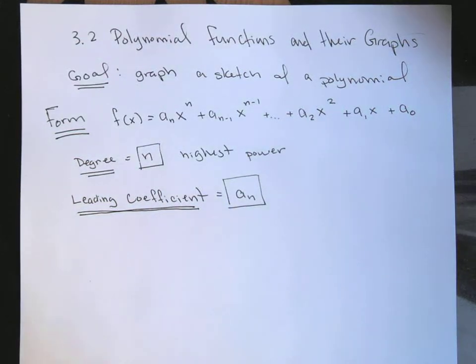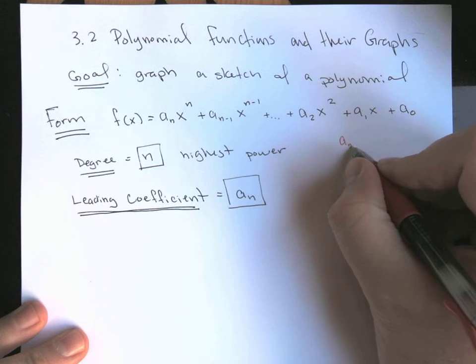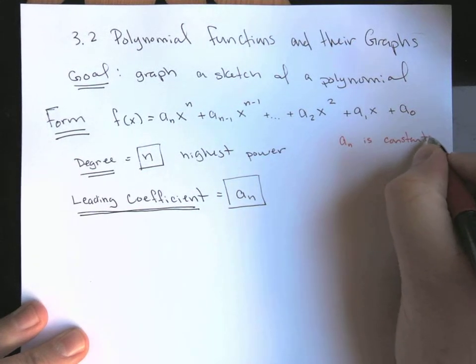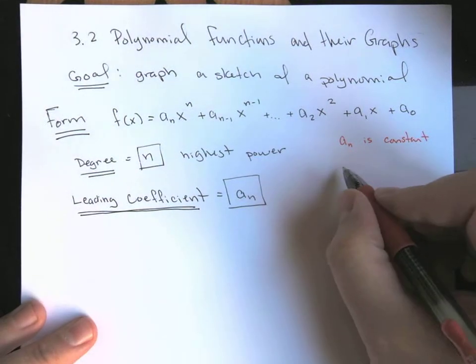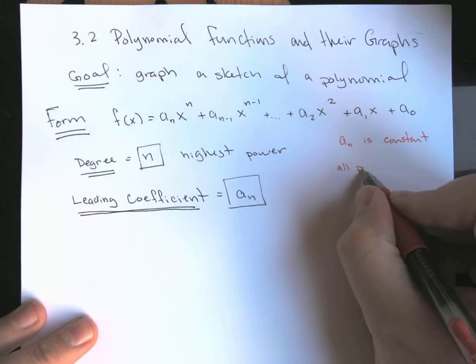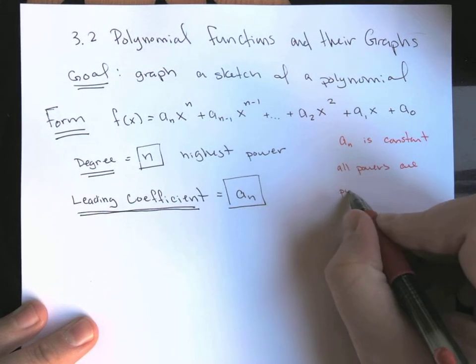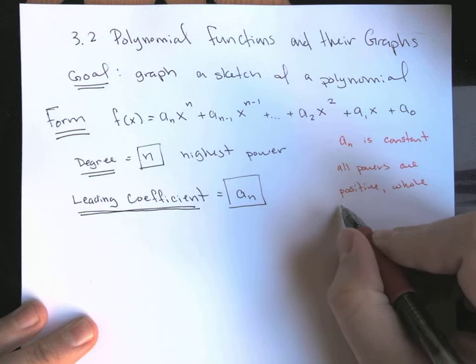So just to put this on the side here, the idea is a sub n is a constant, and all of our exponents are positive whole numbers.